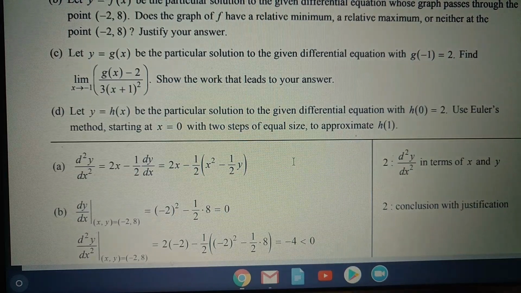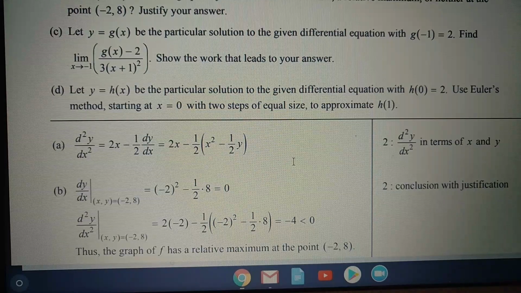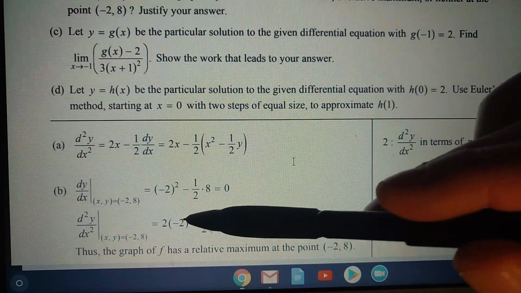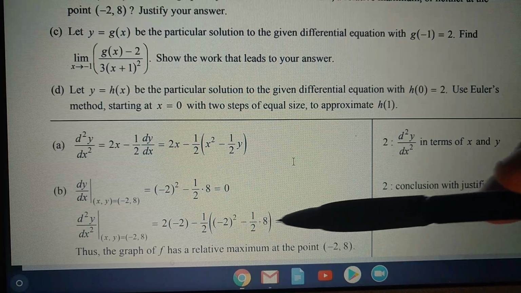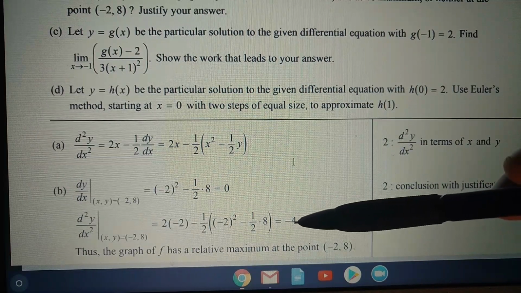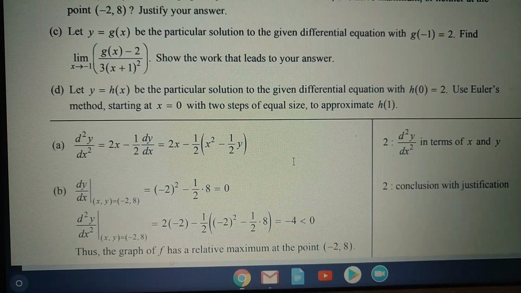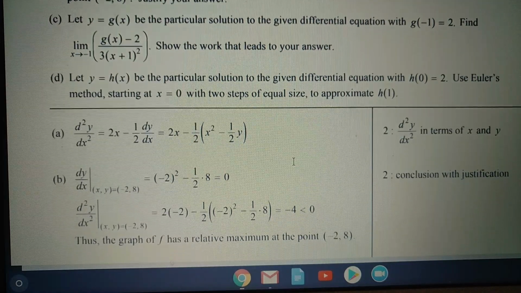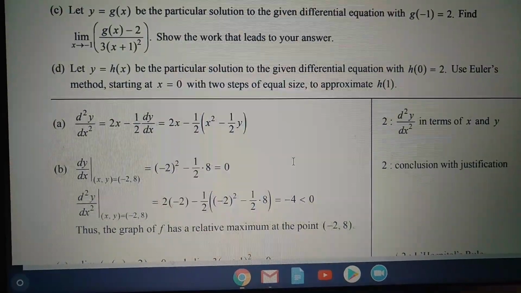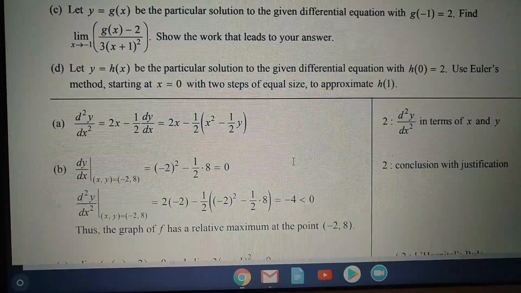But then to know whether it's a minimum or maximum, we have to do the second derivative, plug in the values, and find out that it is, in this case, negative. Therefore, our function is concave down. So that does make it a relative maximum, and the reasoning is because the second derivative is negative.